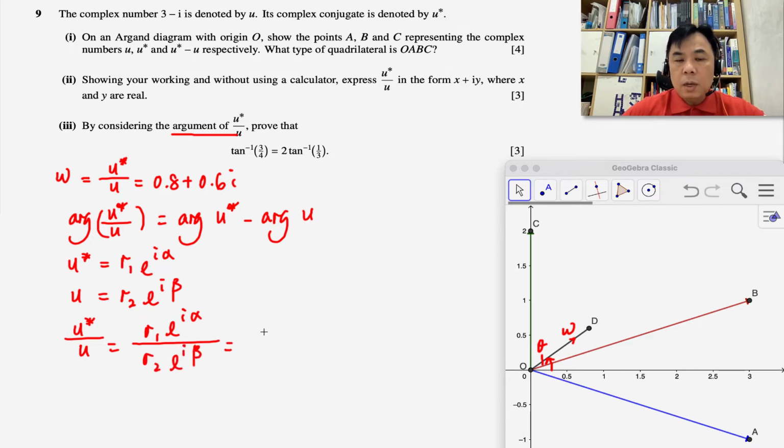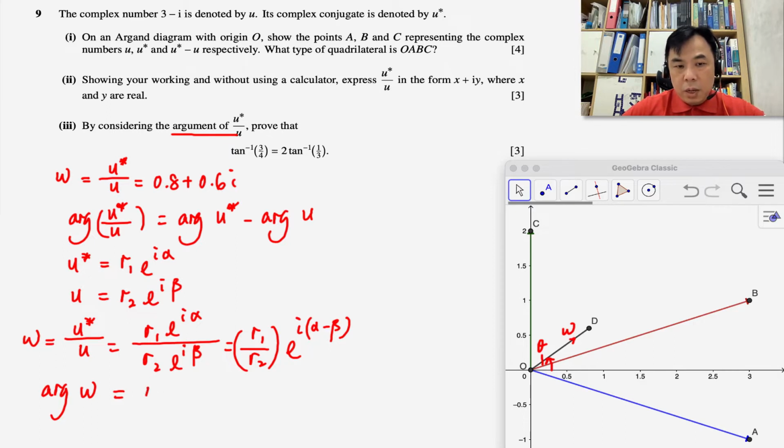With a bit of simplification, we group the magnitudes together, and by applying the exponential rules, we have alpha minus beta. What you are looking at right now is the argument of w. The argument of w is actually alpha minus beta.